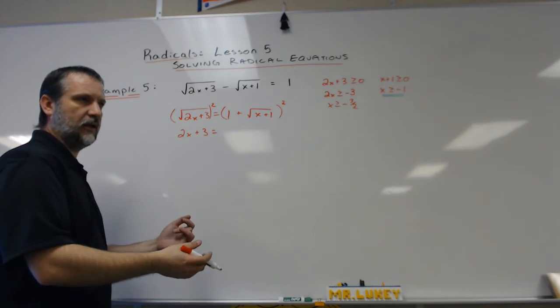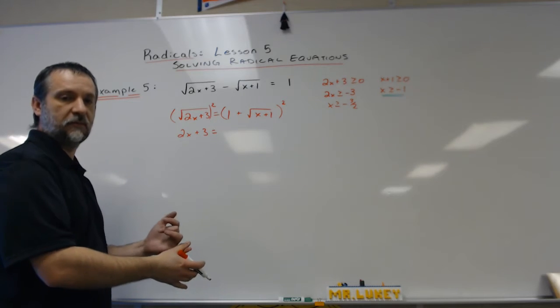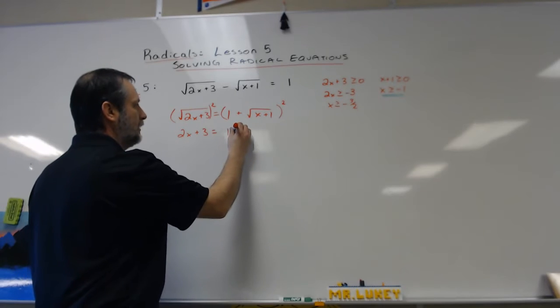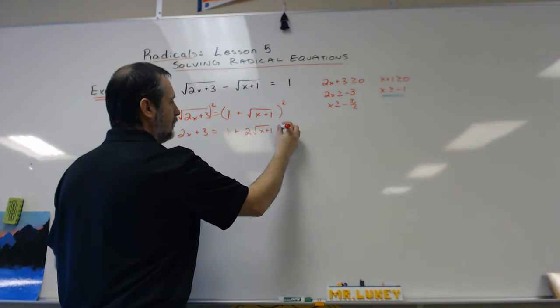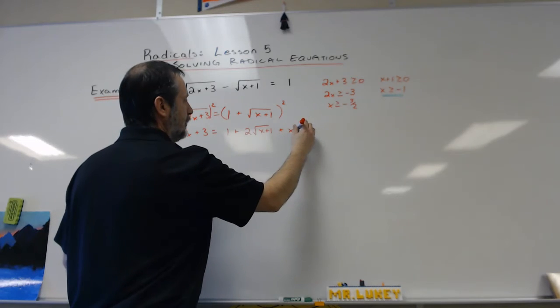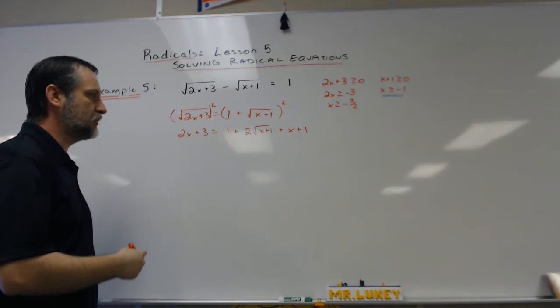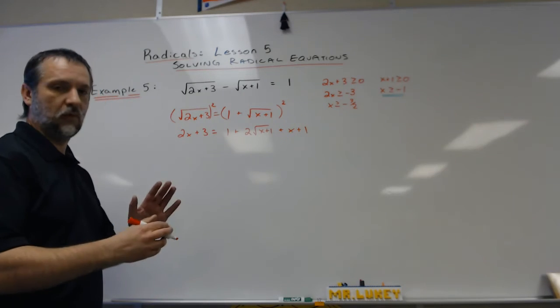Again, the a plus b squared equals a squared plus 2ab plus b squared mentality. We've done that in math. So 1 plus 2 root x plus 1, plus an x plus 1. That will be what we end up with.